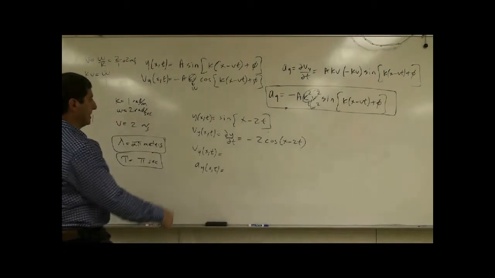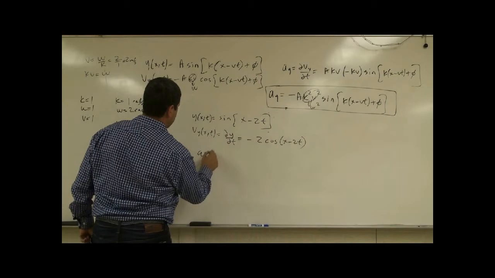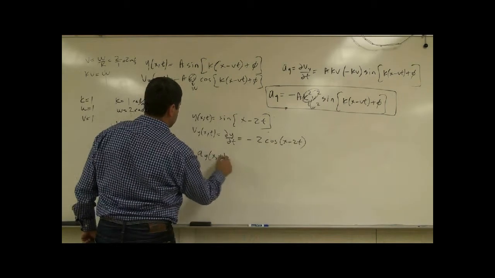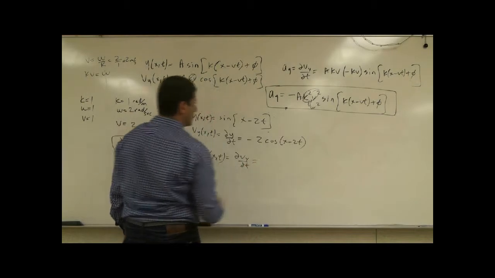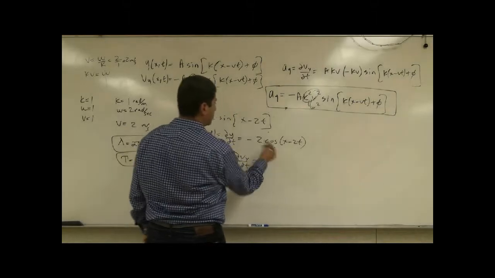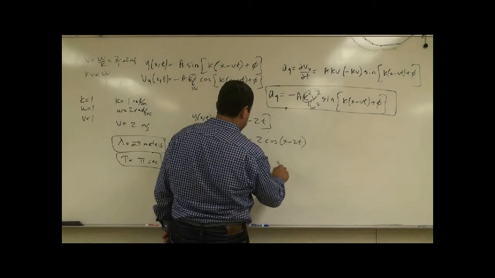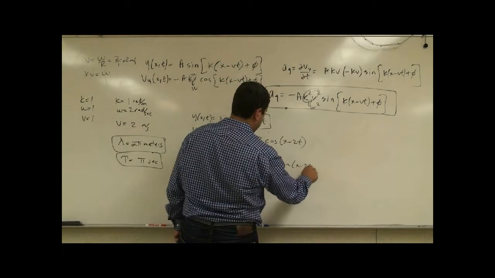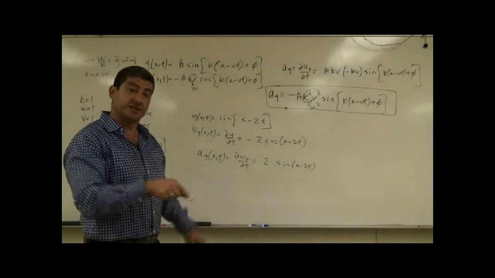You see? How about the a sub y? A sub y of x and t is equal to partial vy partial t. So we take its derivative again with respect to t. So the derivative of cosine comes out to be negative sine, so 2 sine of x minus 2t. And then the derivative of the inside is going to be another negative 2.